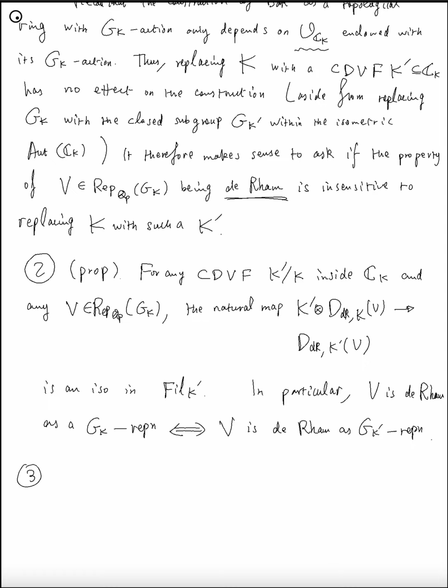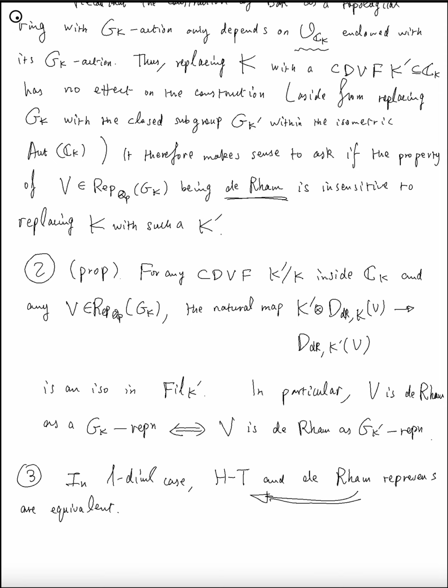Third remark. In the one-dimensional case, Hodge-Tate and de Rham representations are equivalent. Indeed, we already know that one always implies the other.